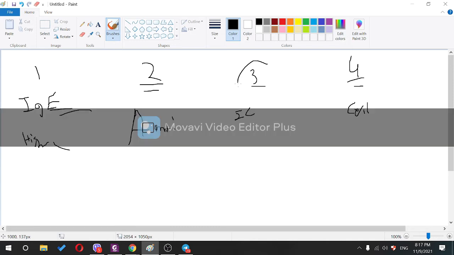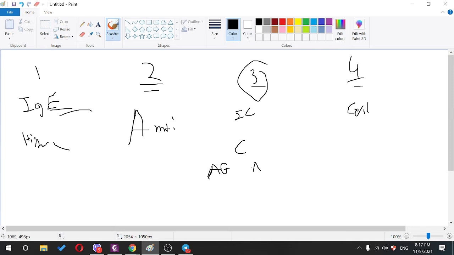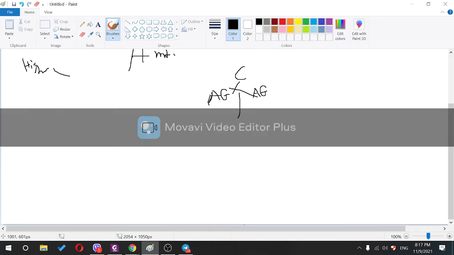So now we care only about type 3. Type 3 is immune complex. Immune complex is composed of complement, antigen, antibody. So complement, antigen, antibody. Awesome. If you have these three together, you have formation of what? Immune complex. Okay, so we have an immune complex. What's up with it?